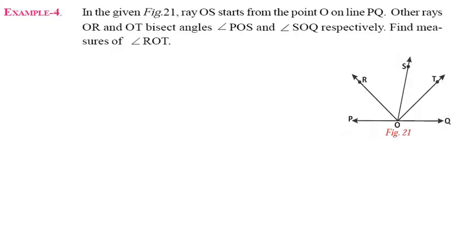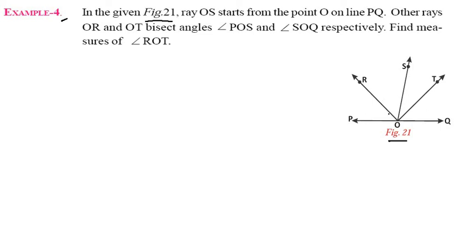Now let us come to example number 4. In the given figure, ray OS starts from the point O. This is the OS. On line PQ, the line is PQ. Other ray OR is here. And OT bisects angle POS.